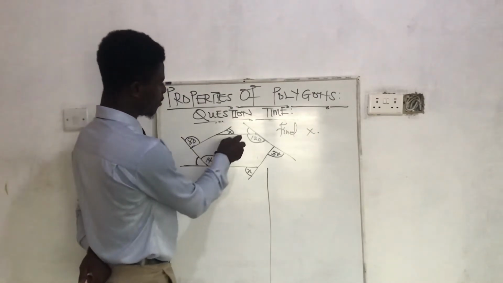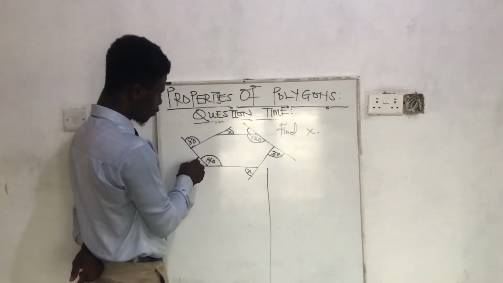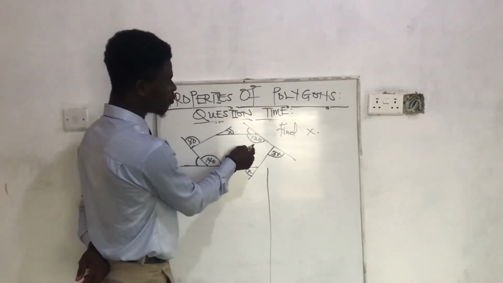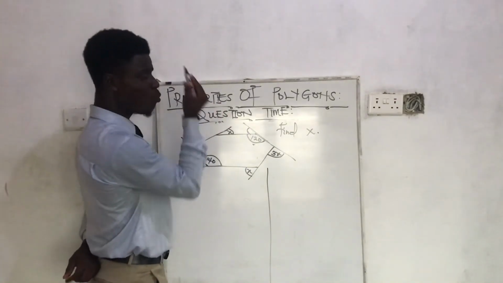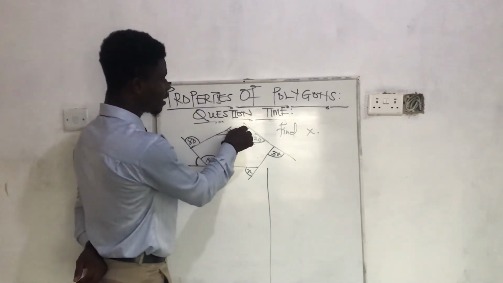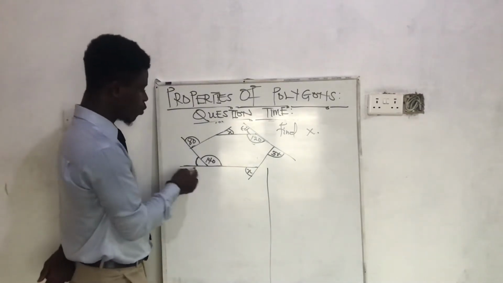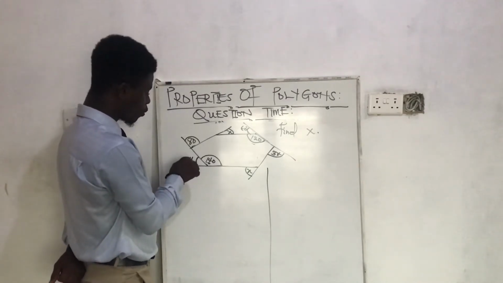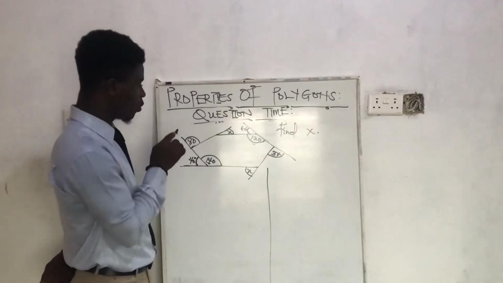Alright. Now, we are finding this angle and also this angle. Angles on a straight line: when I subtract 120 from 180, I get 60 degrees. And when I subtract 140 degrees from 180, I get 40 degrees. So let's see.